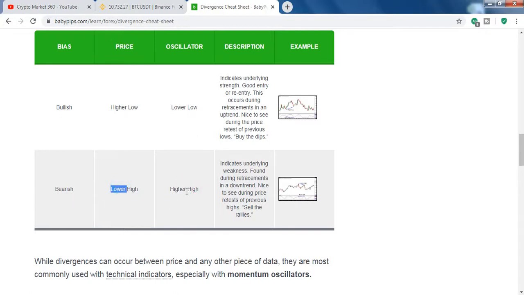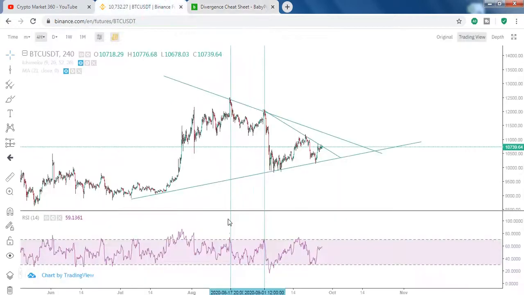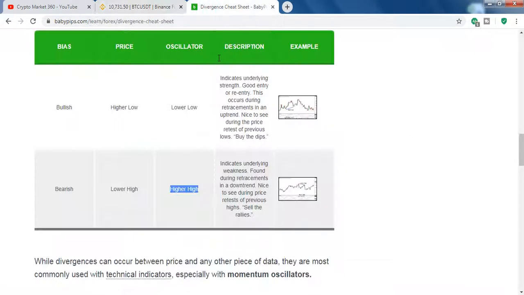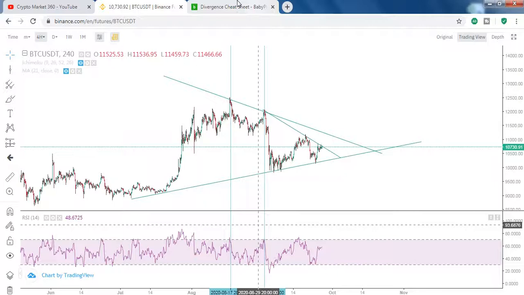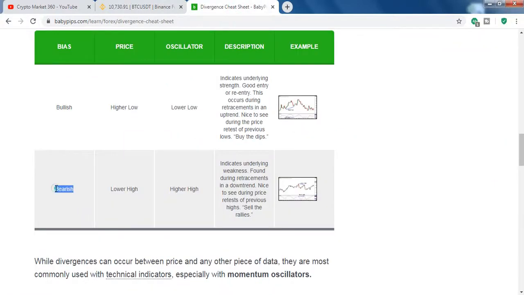Price made a lower high but the oscillator made a higher high. Here you can see that it actually made a higher high, not this one. It also can be, not necessarily a higher high, but a double top or double bottom like this. So this is bearish, the bias is bearish.